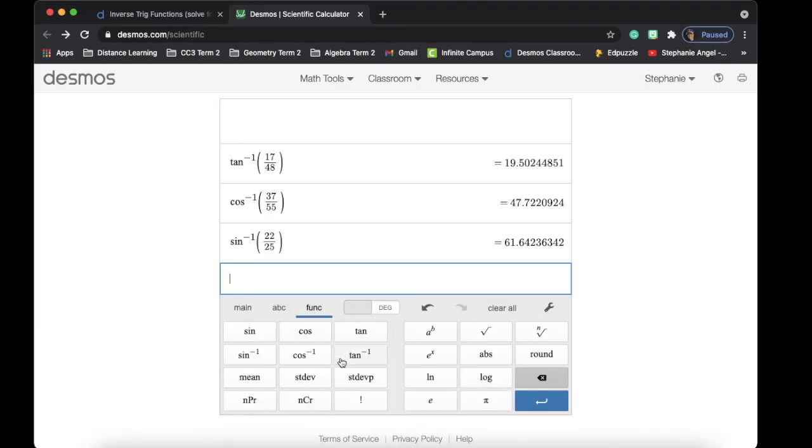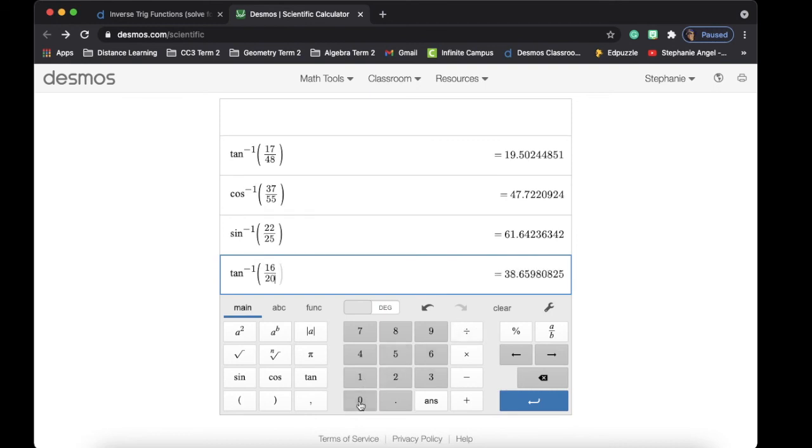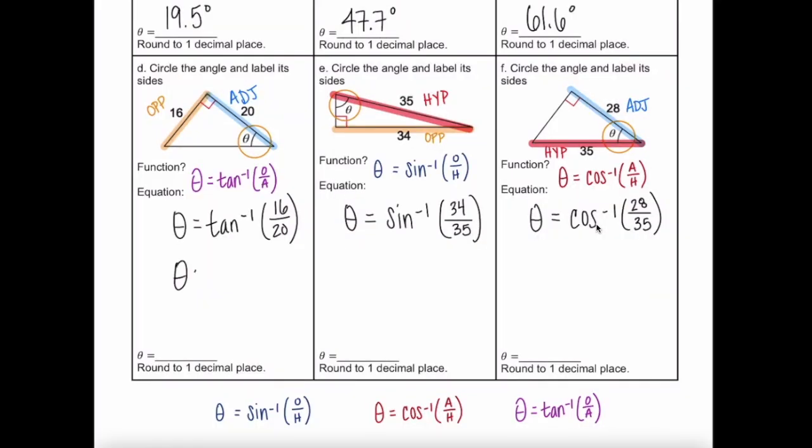So inverse tangent of 16 divided by 20 gives us an angle measure of 38.659 or 38.7 degrees rounded. So theta is approximately 38.7 degrees.